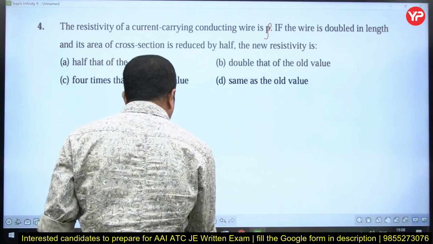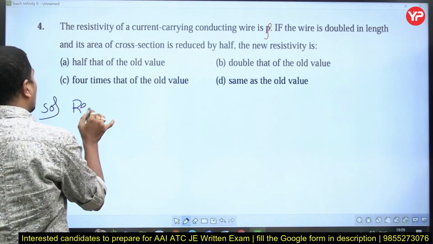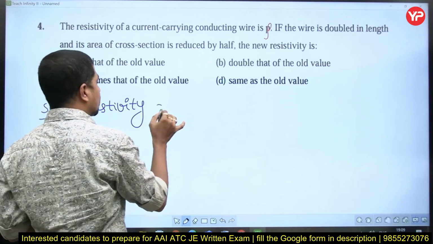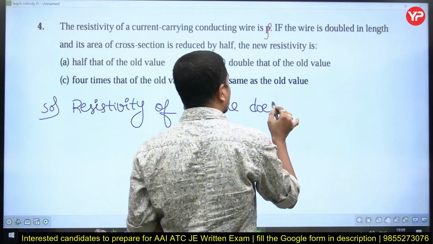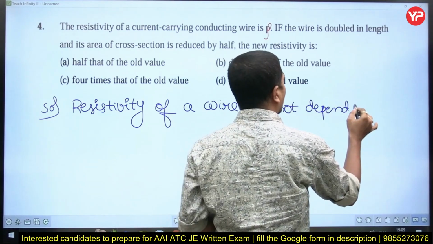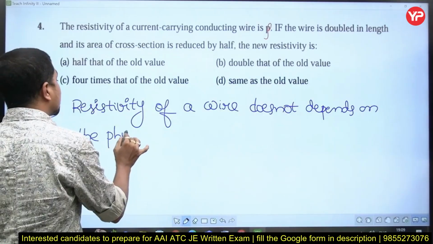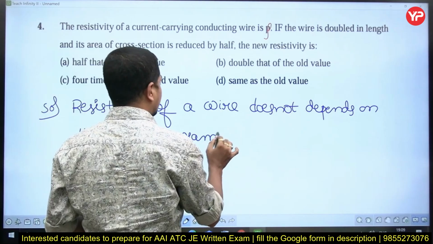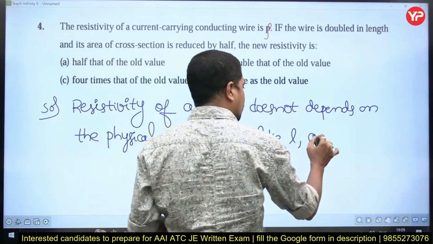One very simple important note statement is that the resistivity of a material, resistivity of a wire, does not depend on the physical parameters like length and cross section area.